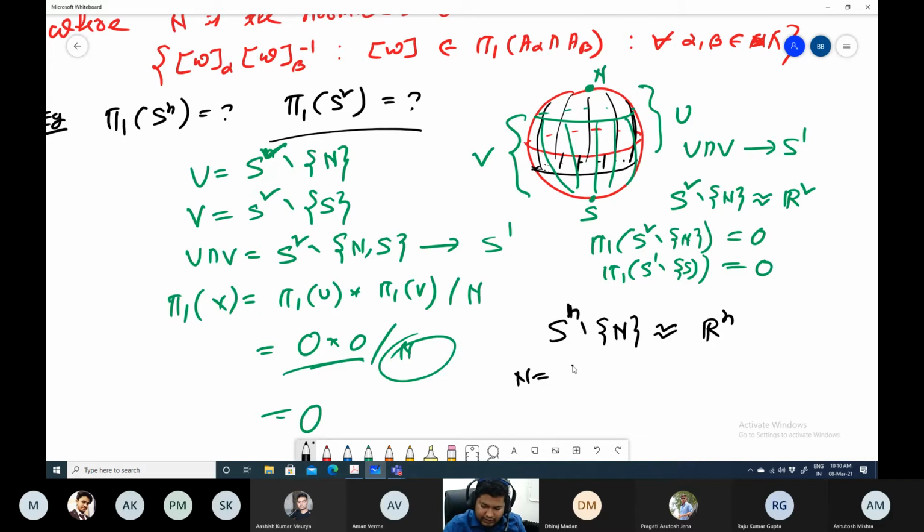And what is your n? N is (0, 0, ..., 0, 1), and s is (0, 0, ..., 0, -1). These two points. And this homeomorphism is called the stereographic projection.